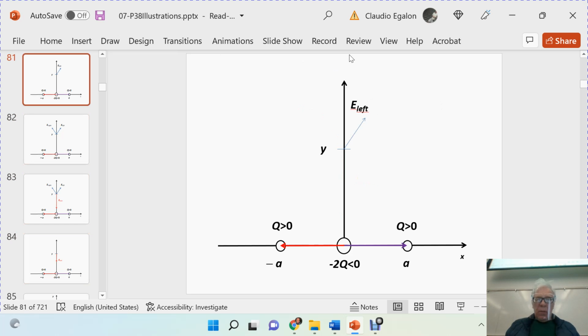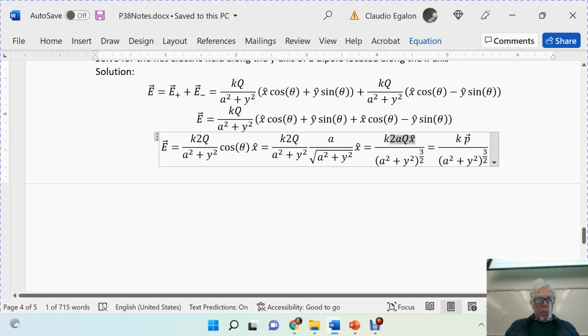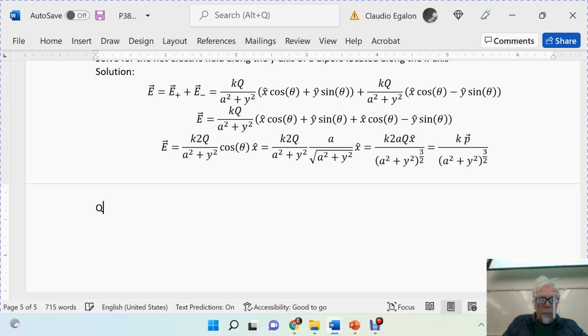Here you go. Start with this one. Go to the notes: E field of an electric quadrupole.